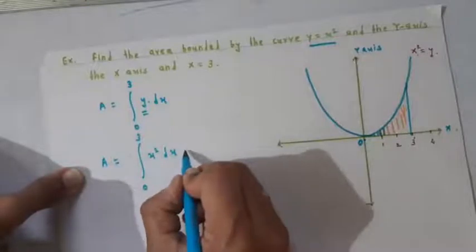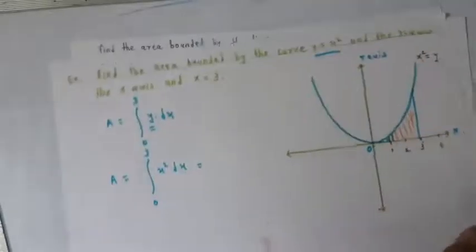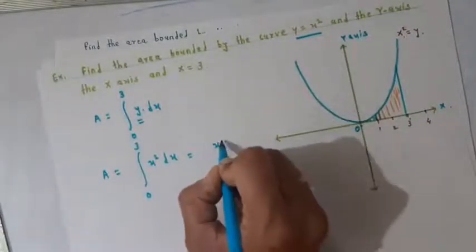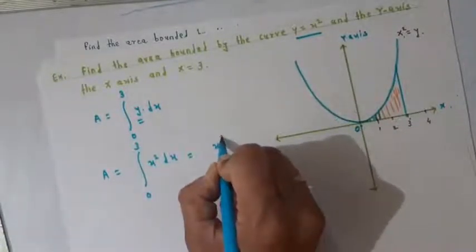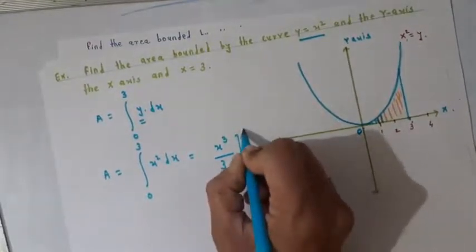Its integration, by using the x raised to n formula, x raised to n plus 1 upon n plus 1, is x raised to 3 upon 3, with limits 0 to 3.